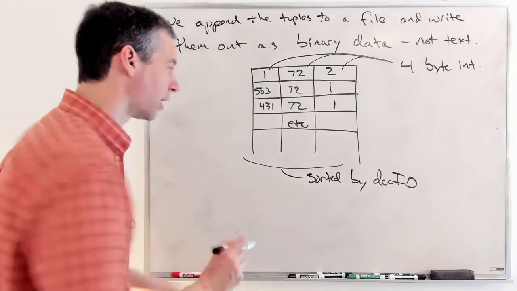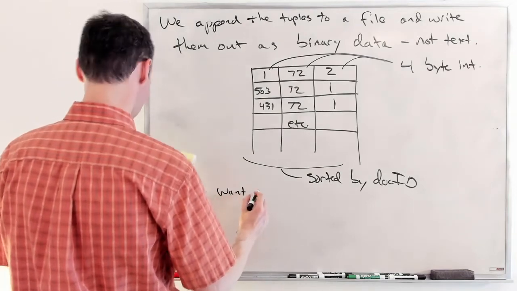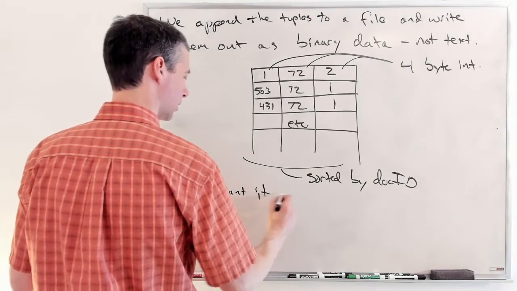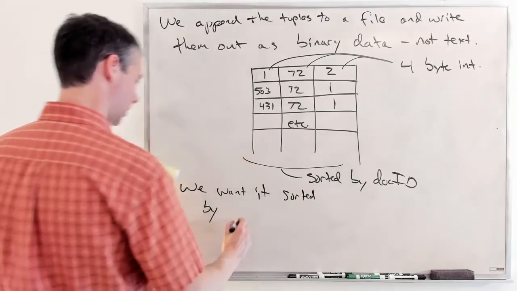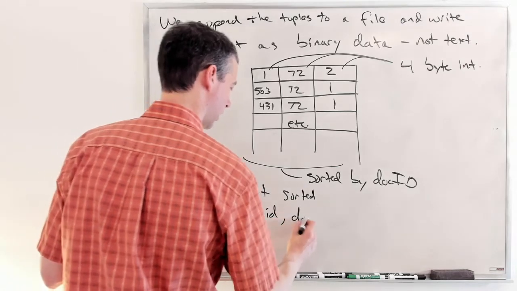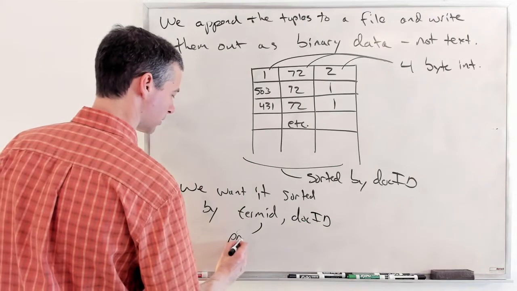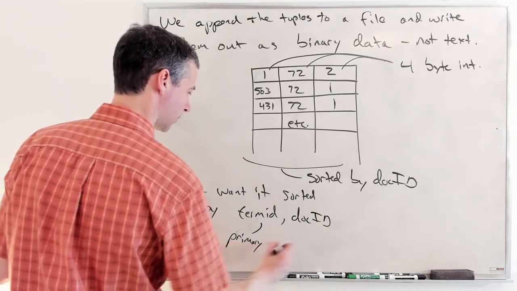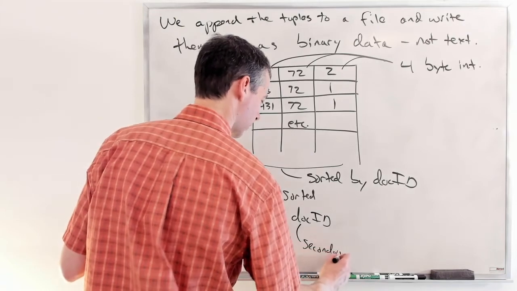What we want is to get this file to be sorted by term ID, then by doc ID. And so our term ID is the notion of a primary key for our sort, and the doc ID is our secondary key for the sort.